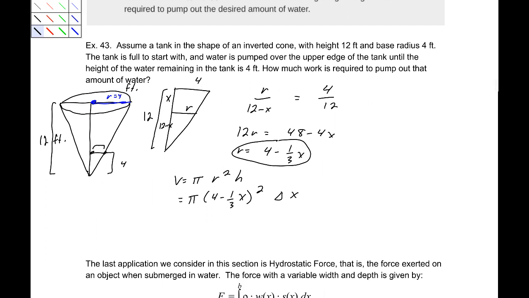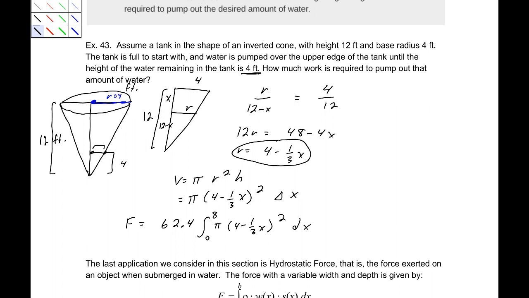Our force is then going to be 62.4, our weight of water, times pi (4 minus 1/3 x) squared dx. The depth goes from 0 to 8, because we want to know when there is 4 left, so the height remaining would be 8.